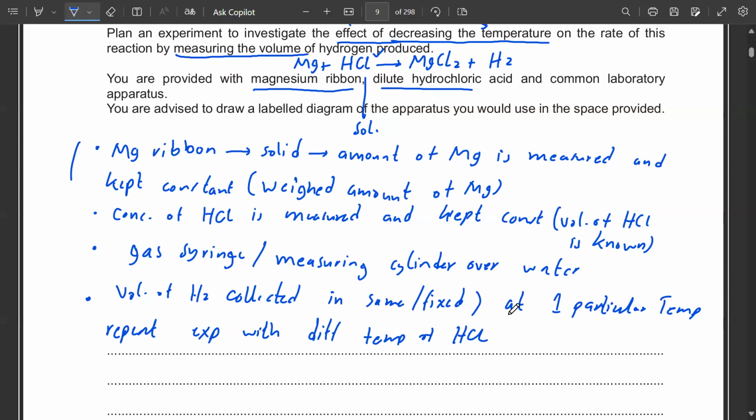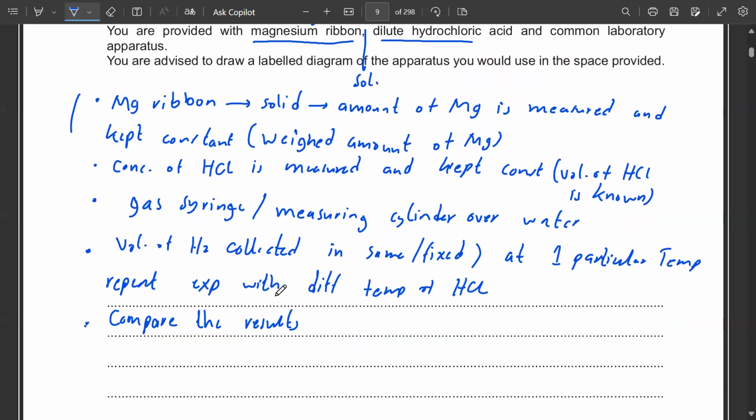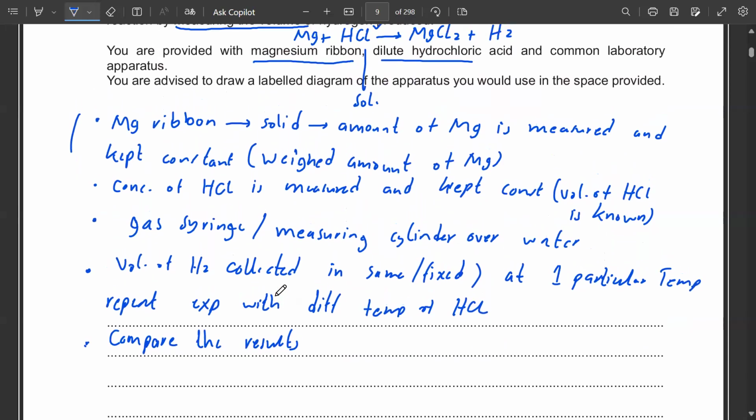The temperature of the HCl solution will be different in the other experiment, and then you will compare the results to see how decreasing the temperature of HCl showed the rate of the reaction. Now I'm going to show you the diagram for this case.